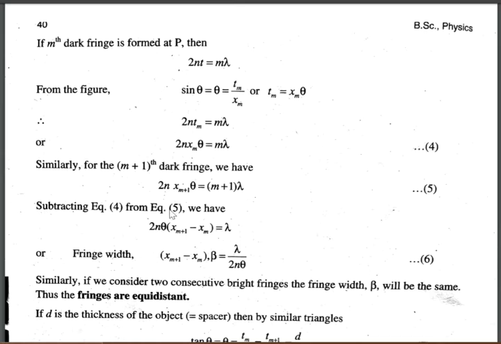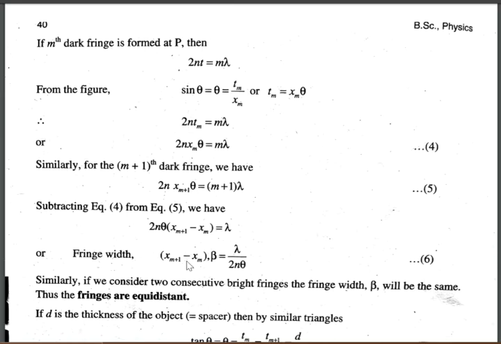Now take the difference between these two. If you take the difference from equations 4 and 5, 2n theta we can take as common factor, into xm plus 1 minus xm is equal to right hand side m plus 1 into lambda minus m lambda. M lambda gets cancelled. You will get lambda on the right hand side. So this difference xm plus 1 minus xm gives you the width of a dark fringe in between the two bright fringes.